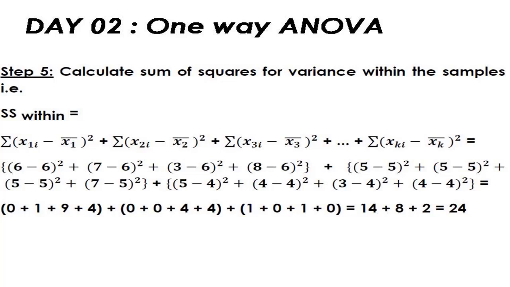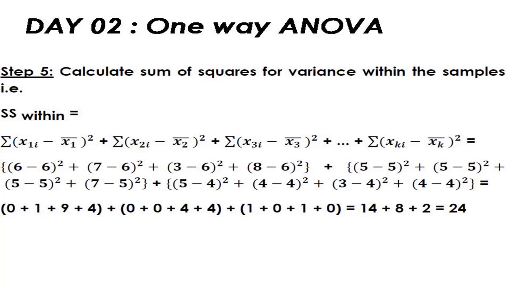So here i represents the columns, and the column wise individual values we will take, and what we will do is that we will subtract the average value of each column from individual values, that is (6 minus 6) whole square plus (7 minus 6) whole square plus (3 minus 6) whole square plus (8 minus 6) whole square.